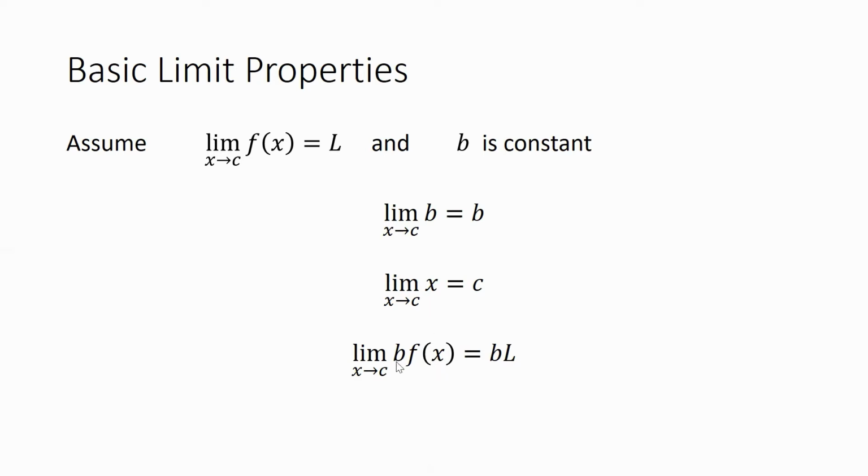In other words, if I multiply my function by a constant, I can multiply either inside the limit or outside the limit. We see here the limit of f of x as x approaches c is L. So if I multiply both sides by b, I can move the b onto the inside there.